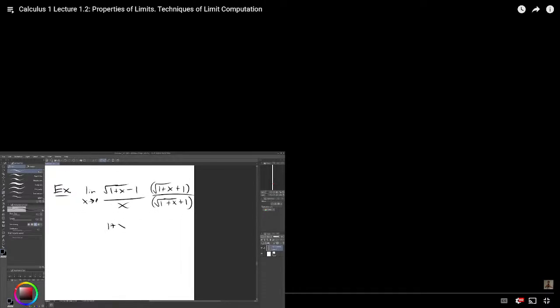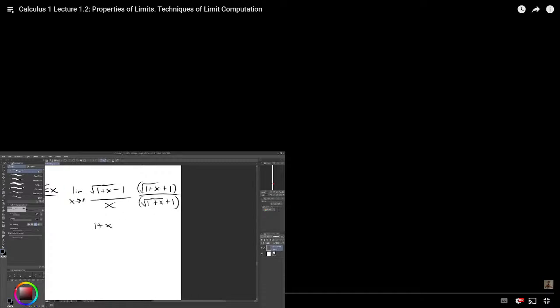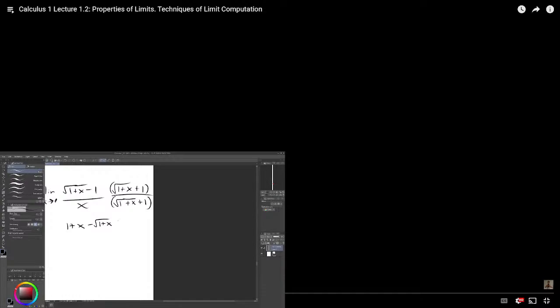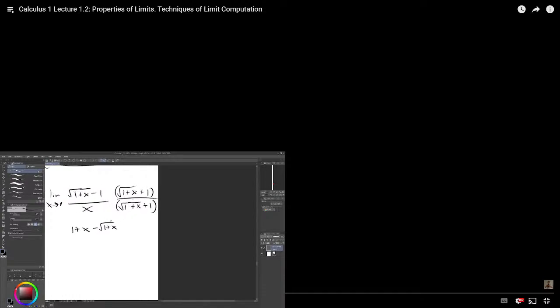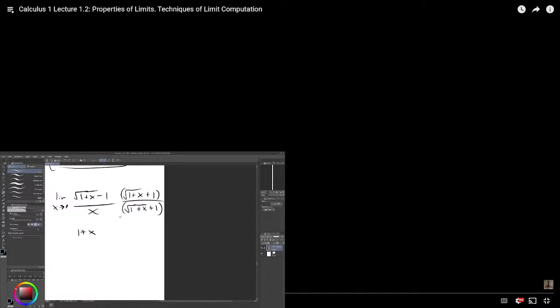So that's 1 plus x minus 1 plus x, square root of 1 plus x. Plus, minus, so these are just going to cancel out anyway, so I don't have to write them.